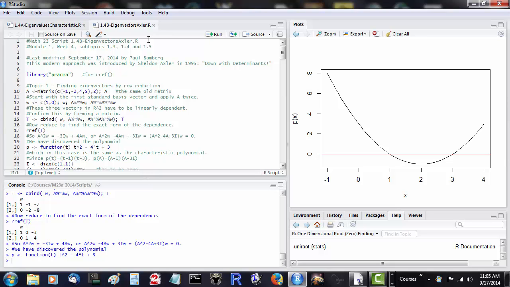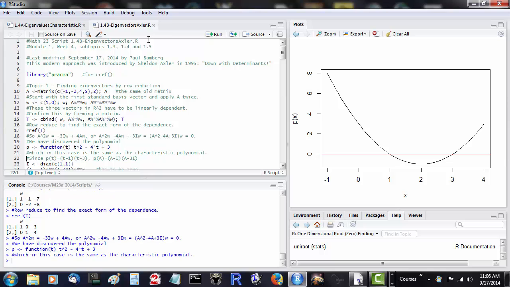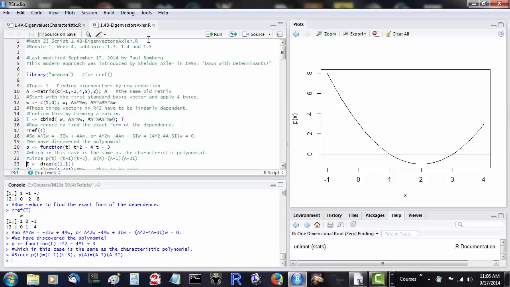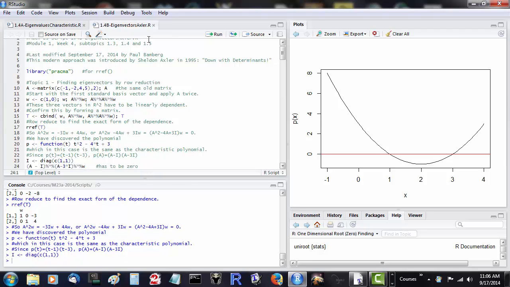You may in fact remember the characteristic polynomial from the earlier script. We found the same polynomial again, but as you will learn, that doesn't always happen. I can factor P into two linear factors, and when I do that using A as the variable, I say P acting on the matrix A is A minus I times A minus 3I, and now I have a wonderful way of finding eigenvectors.